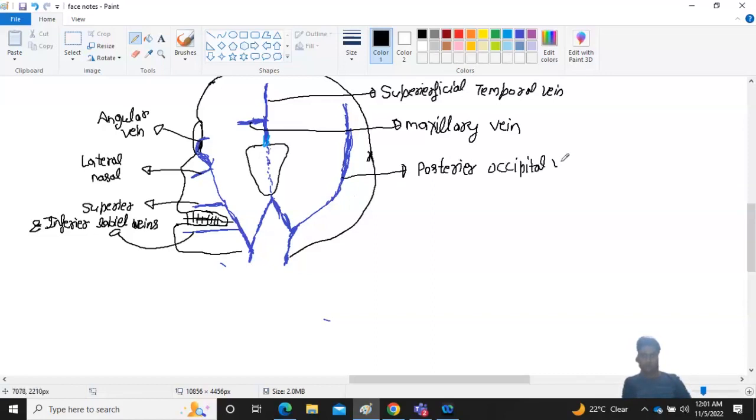Occipital vein. This is the retropharyngeal vein. Done. And this is the anterior and posterior division. The anterior division fuses with the facial vein. This is the facial vein.